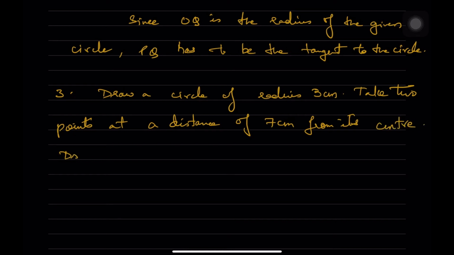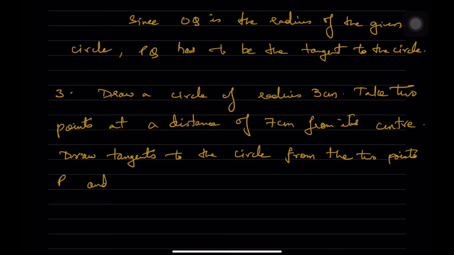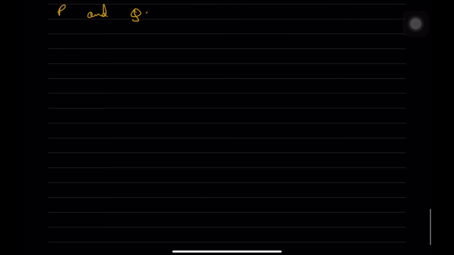Draw tangents to the circle from these 2 points P and Q. So now what is the solution? We'll just see how to do this.